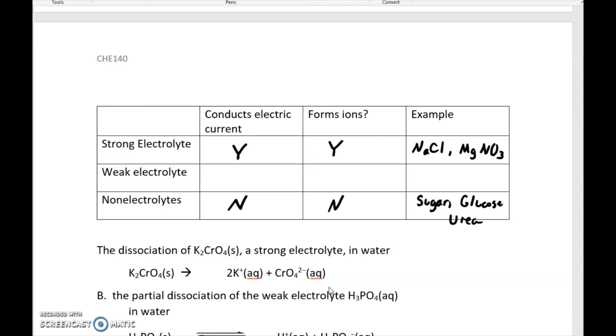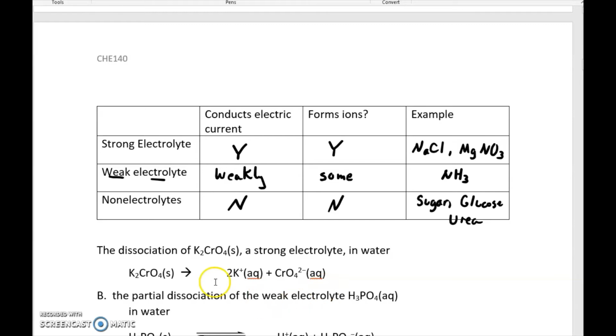There are lots and lots of examples. Now, you'll notice that I didn't do weak electrolytes. Weak electrolytes are sort of in between. They conduct current weakly, and they dissociate a little bit. They form some ions. And examples here, ammonia is probably the most common.